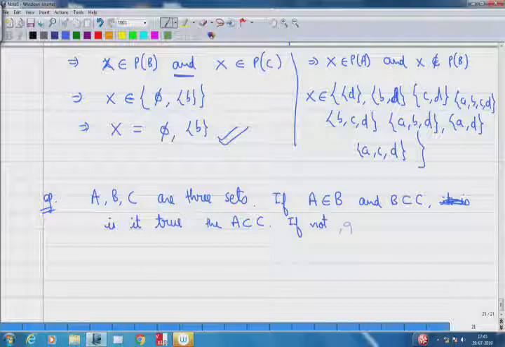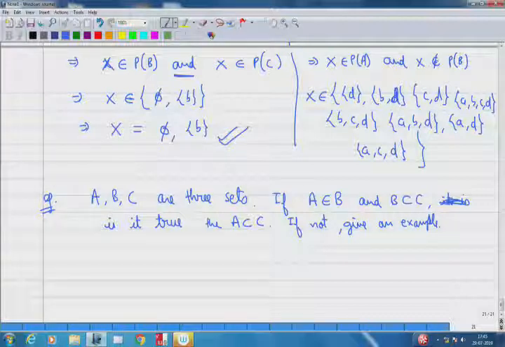If not, give an example. So we always have to solve these questions by taking the help of an example.